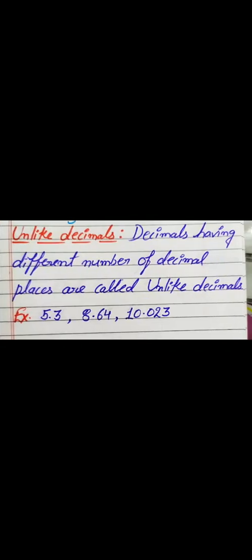Decimals having different numbers of decimal places are called unlike decimals. Like 5.3, which has only one decimal place, 3, and 8.64, which has two decimal places, 6 and 4, and 10.023, which has three decimal places, 0, 2, and 3. So these all have different numbers of decimal places, so these are unlike decimals.